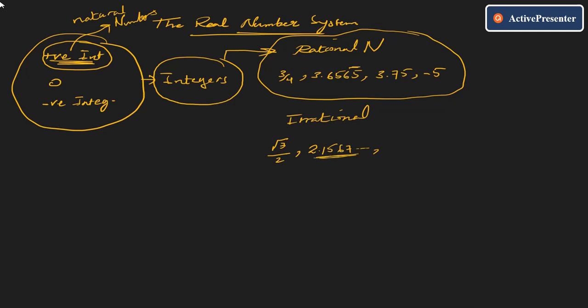So as simple as that. Another example, square root of 7, for example, is an irrational number. Pi is an irrational number. So take these examples in consideration.